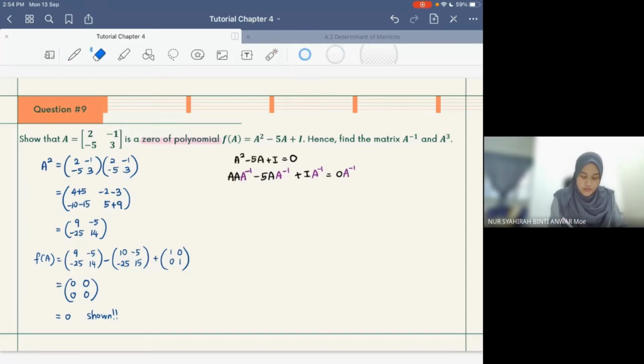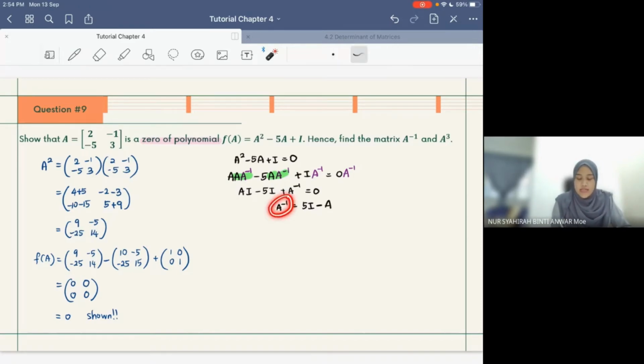And then, A times A inverse will give I. So that means here it will be A I minus 5I plus A inverse equals 0. And we rearrange the equation. A inverse will be equal to 5I minus A, since A times I gives A. So just minus A. So we have it.